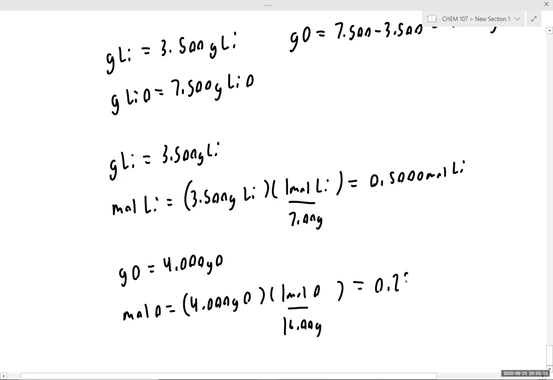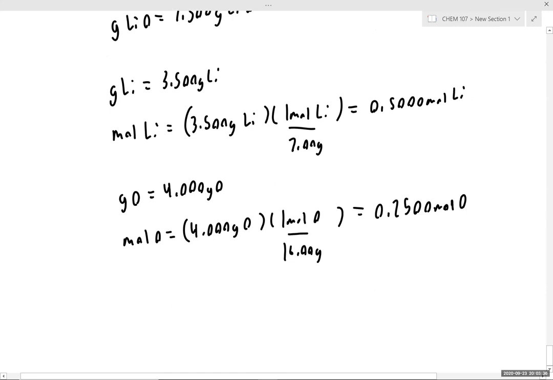That gives us 0.2500 moles of oxygen. And this data is what you'd get if your experiment was performed with reasonable experimental technique and you're really careful to avoid introduction of undesired masses.